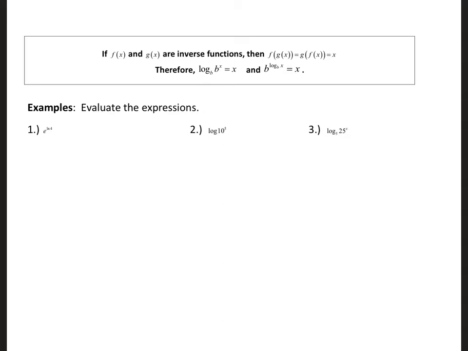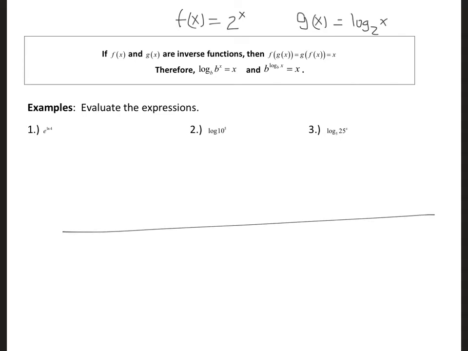So here we are looking at inverse functions, and we are going to use what we know, the definition of an inverse function. Here we already know that f of x is equal to 2 raised to x, and I know that g of x is equal to logarithm to base 2 of x.